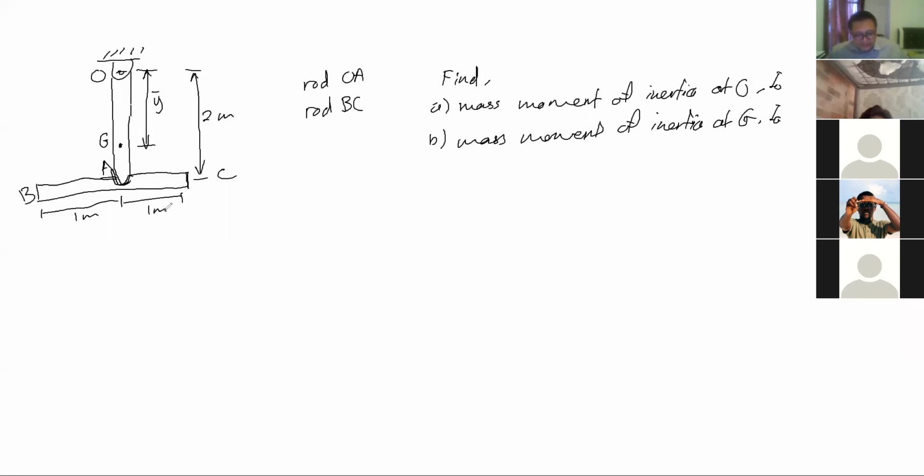Okay, both of these two rods weigh 10 kg. Rod OA is 10 kg, rod BC also 10 kg.